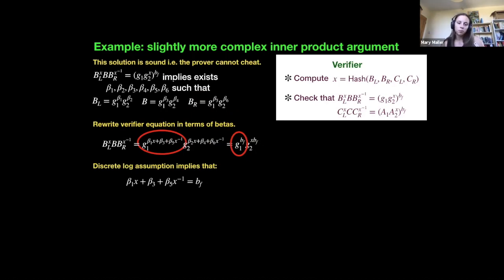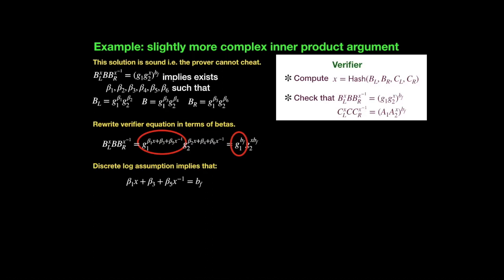It's possible that a cheating prover might provide some beta 1 x plus beta 3 plus beta 5 x to the minus 1, which is not equal to beta f. But if they do, then this means that they know some kind of discrete log relation between G1 and G2, which we're assuming isn't possible. So assuming that's not possible, we have that these two values in the exponent must be exactly equal.